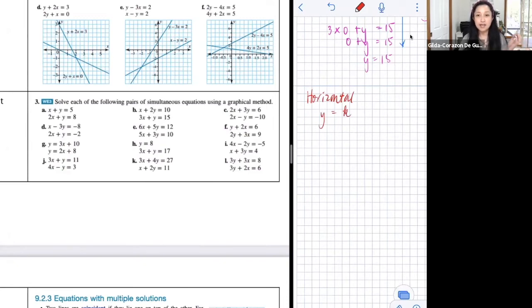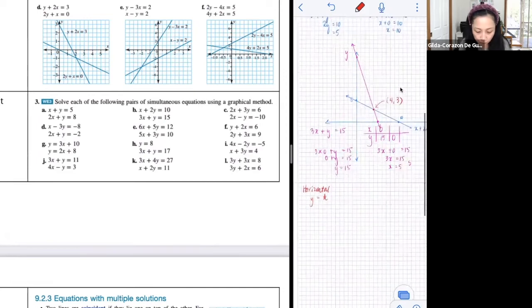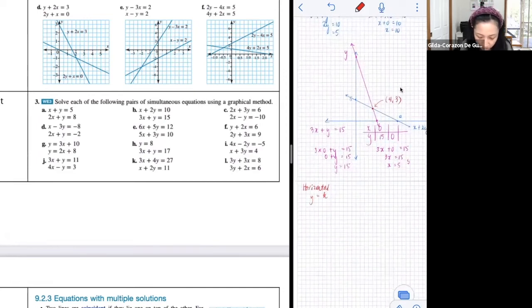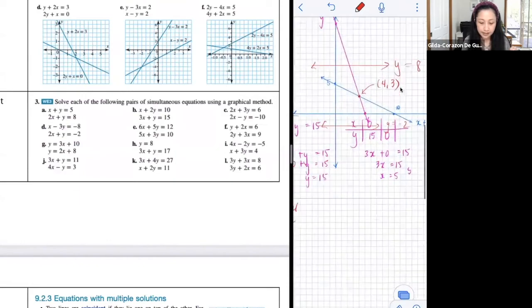It can be y equals 8, y equals 2. Where is y equals 8? If that's 5, 6, 7, 8, that would be y equals 8, okay? If it would be y equals -2, then it will cross the -2, which is this one here, and that's y equals -2, okay?